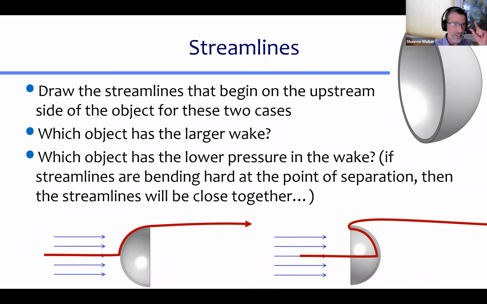And that bend, that is so sharp, ends up resulting in streamlines coming very close together. Streamlines close together means the velocity is high. Velocity is high, from the Bernoulli equation, means the pressure is low. And that means there's lots of drag on the backside of that object. Okay, so that was that.